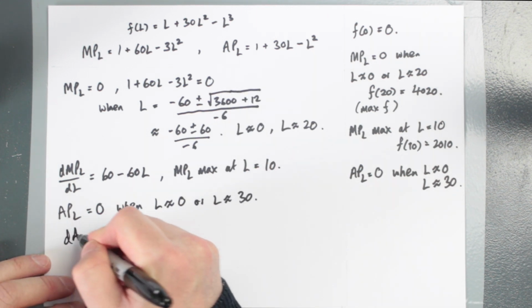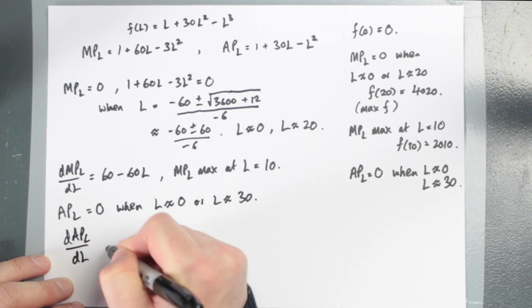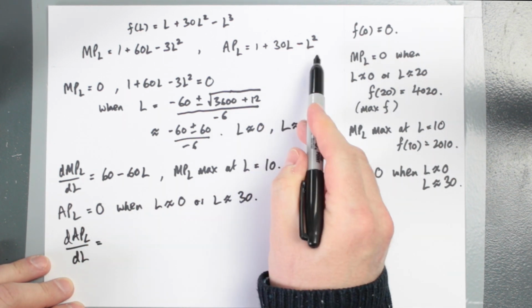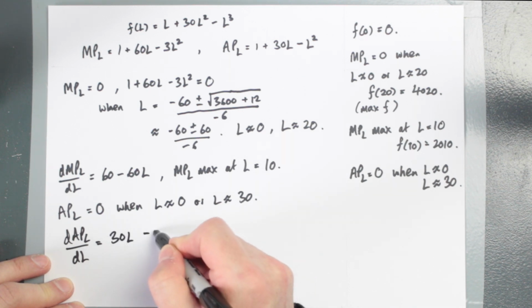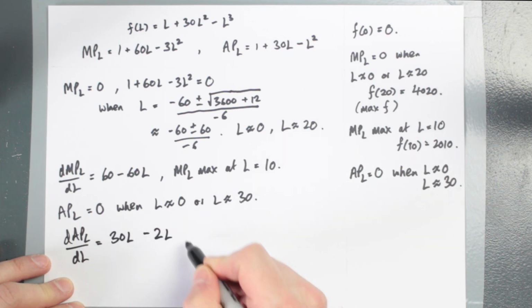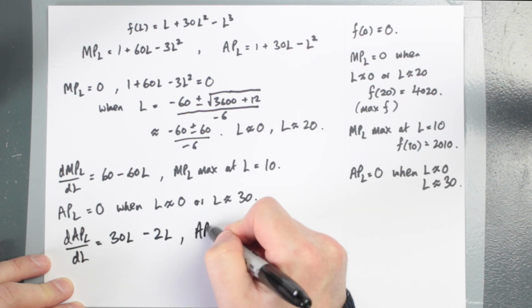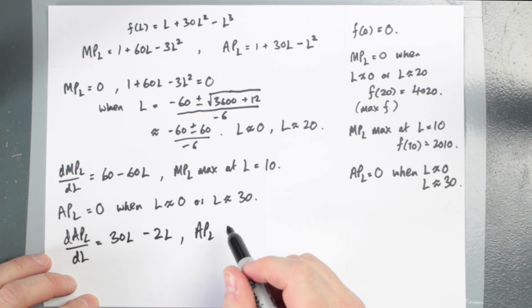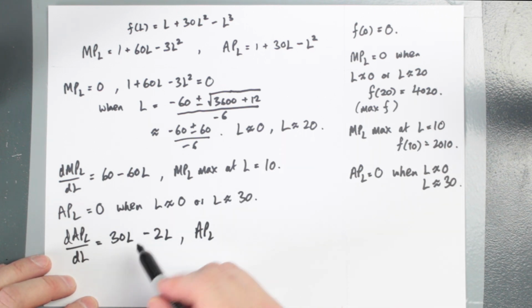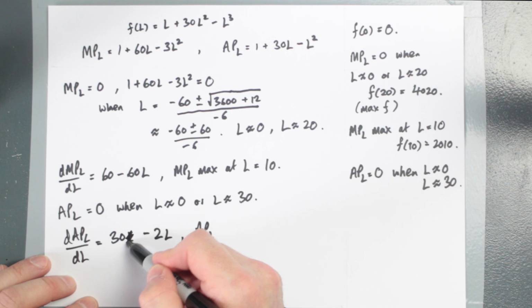So if I differentiate APL with respect to L, I take the derivative of this, I would get 30 minus 2L, apologies, not 30L.